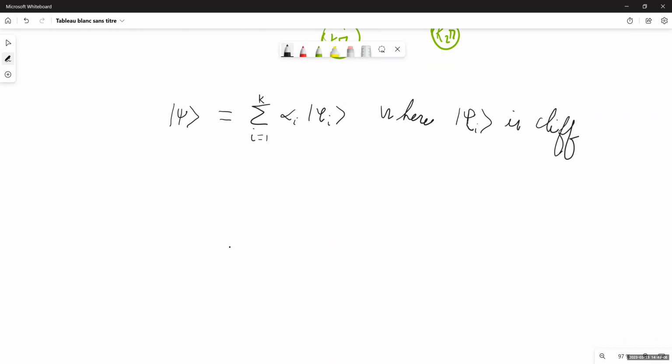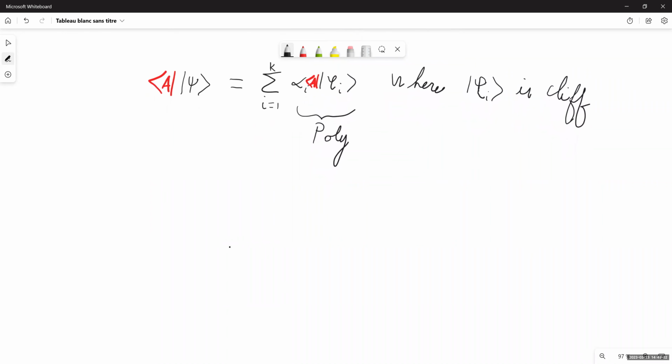So why is that a good idea? Well, if you want to project that state onto another state, say A, by linearity this just falls through, and all of those are Clifford, so this is polytime. So projecting onto a state and doing a strong simulation just takes time that is big O of k times poly of n.